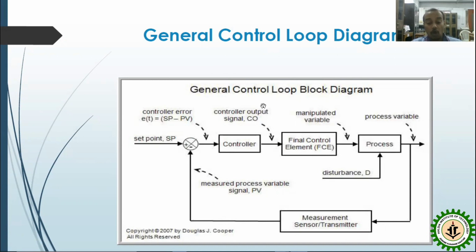Using these blocks, it is very problematic for us to understand whether it is a temperature control loop, a pressure control loop, or a different type of control loop, when in a practical industry we have 1,000 loops operating at a time. That means using these blocks, we are not getting enough knowledge about the process as well as the loop, and what parameter we want to measure also cannot be addressed.